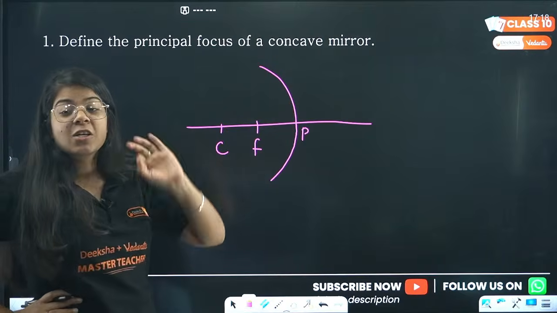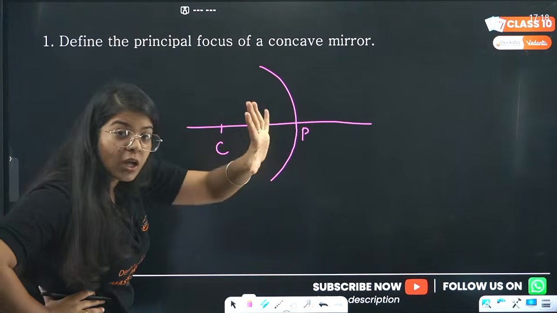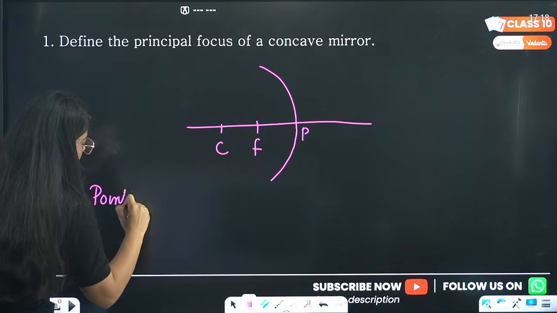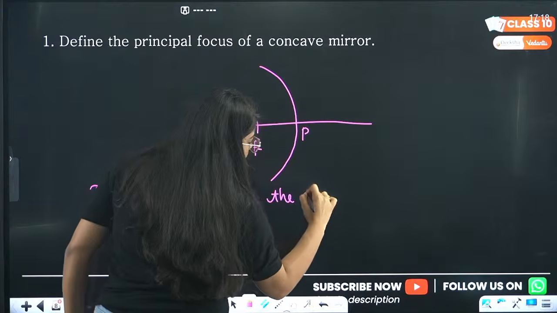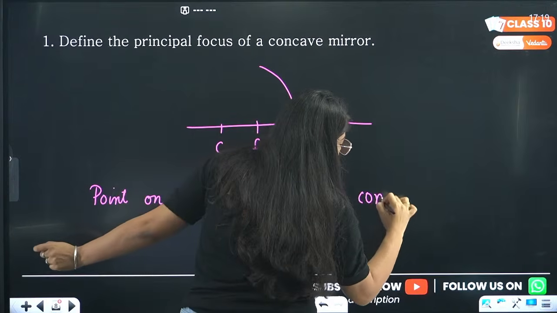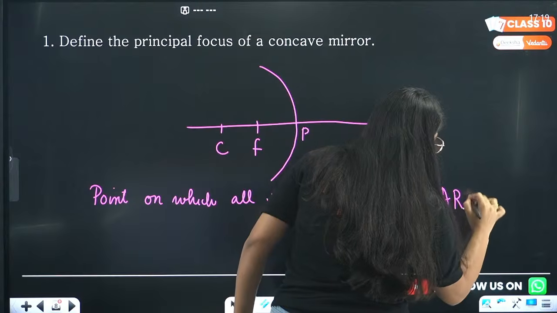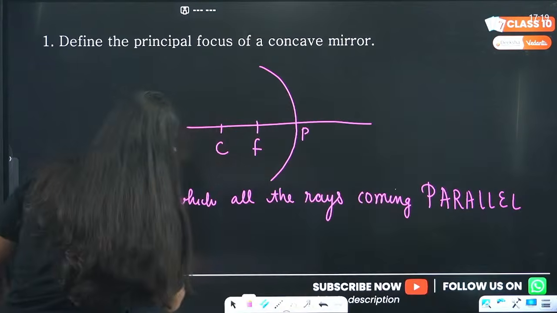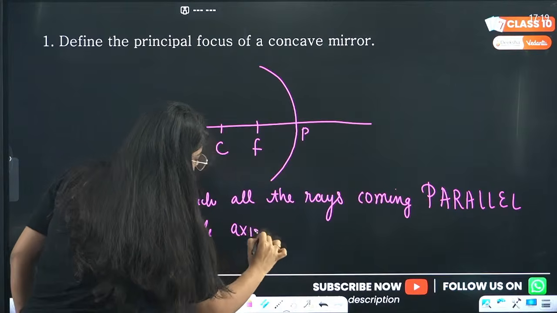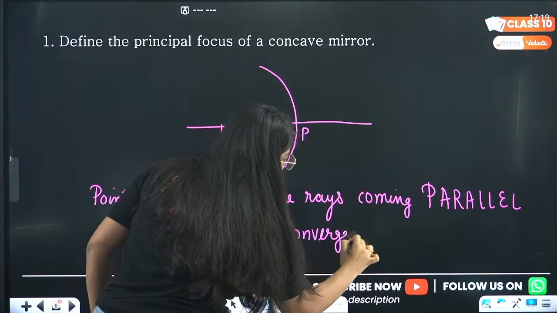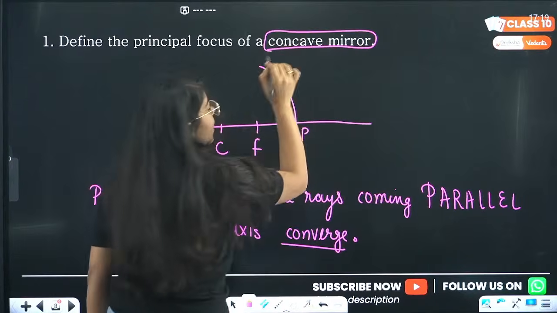For concave mirror, what you have to write: the principal focus of a concave mirror is a point on which all the rays coming parallel, make sure you are paying attention to the word parallel, coming parallel to the principal axis converge.